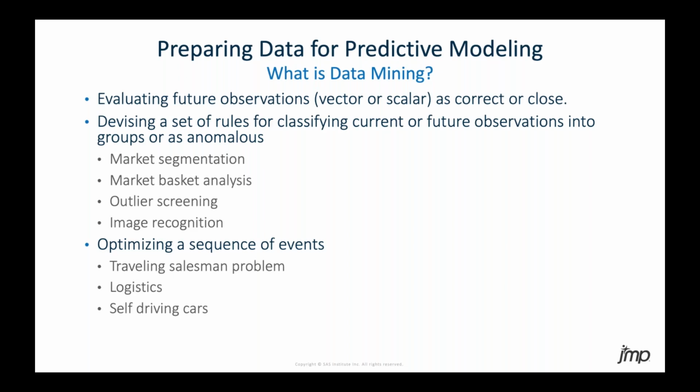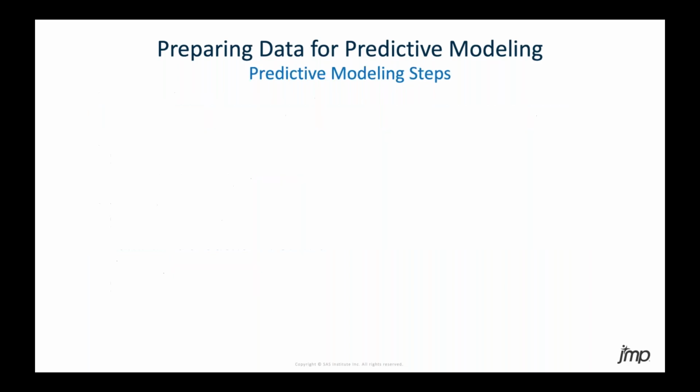That's another part of data mining as well. Part of what I'm going to be talking about can be used in some of these other aspects of data mining, but really they're specialized to predictive modeling, because what they're attempting to do is improve and optimize my ability to do predictive modeling.